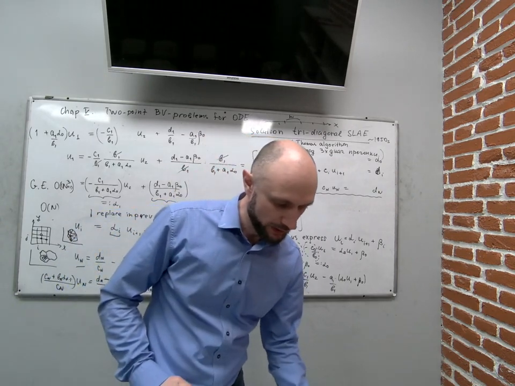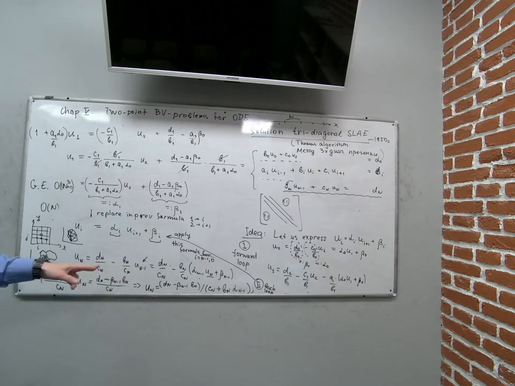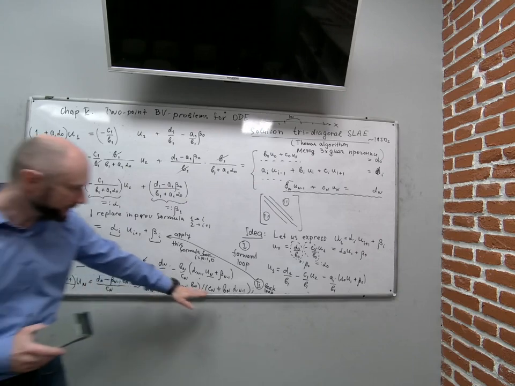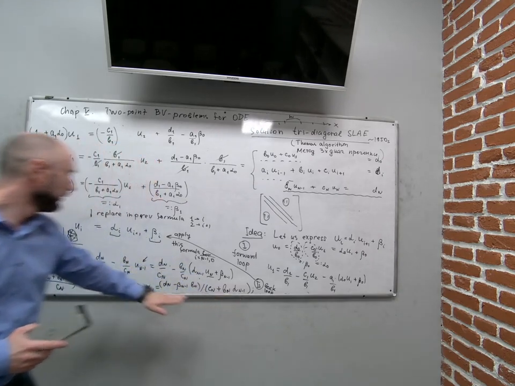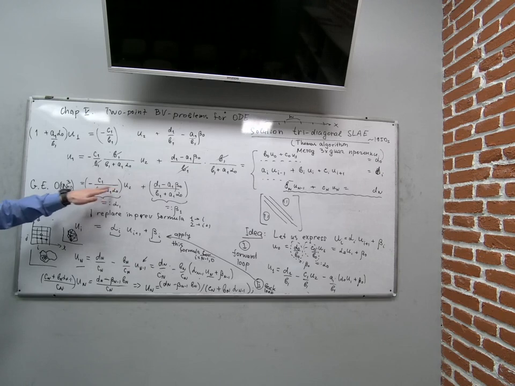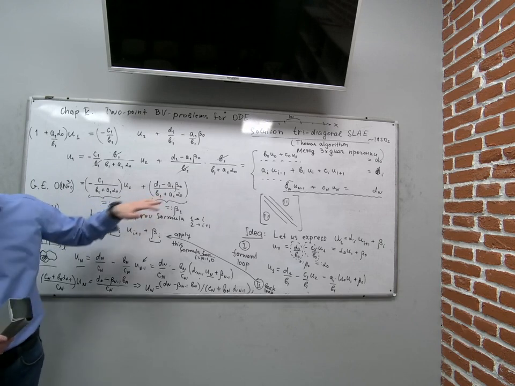What's next? We need to discuss some conditions that ensure that this algorithm will work out to the end. You see that in the denominators here and here you have some expressions depending on the coefficients of the matrix. And it is possible that these expressions go to 0.